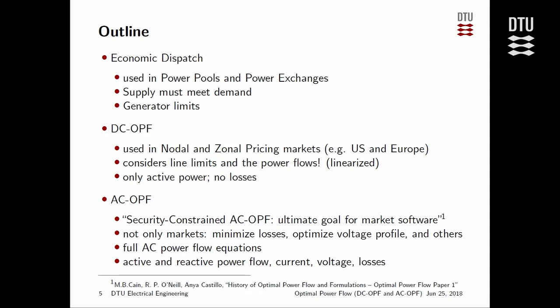So if you really want to do an optimization in distribution networks, you better use AC-OPF. And if you were submitting a paper with DC-OPF on distribution, it's not going to be as well received as if it was with the AC equations.